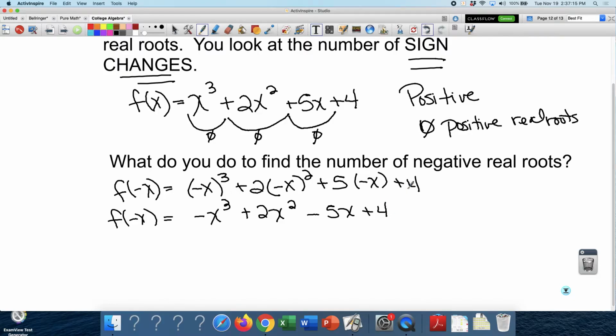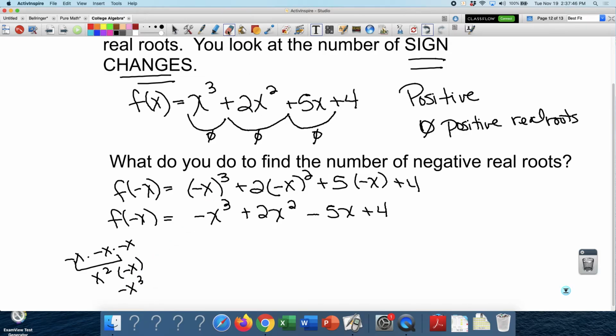This will be the part that you have to make sure you don't make the mistake on. So again, let me say that. If it is a negative x to an odd power, it stays negative. Because what you have here is negative x times negative x times negative x. That's positive x squared times negative x, so negative x cubed. Anytime it's to an even power, it becomes positive because a negative times a negative is a positive.